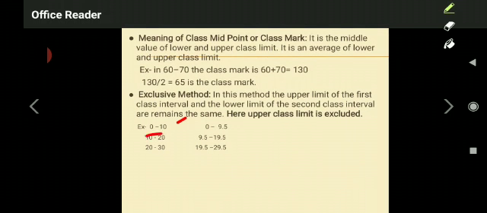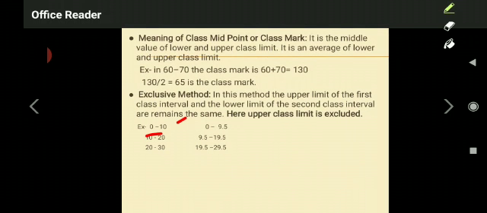The upper class limit of the first class interval and the lower limit of the second class interval remain the same here. So, these two are 10 over here.